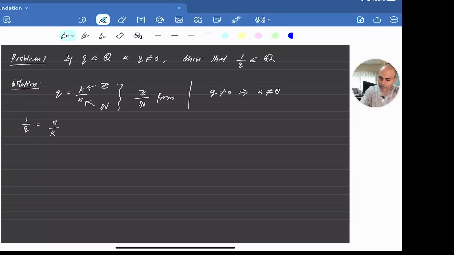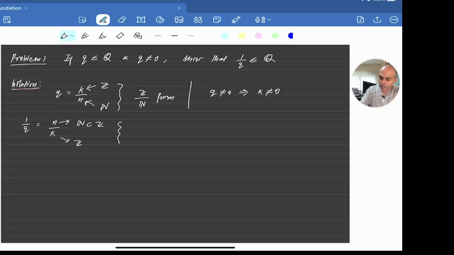But the important point here is the numerator is a natural number, and since natural numbers form a subset of integers, n is also an integer, so the numerator is an integer, and the denominator as given here is an integer.